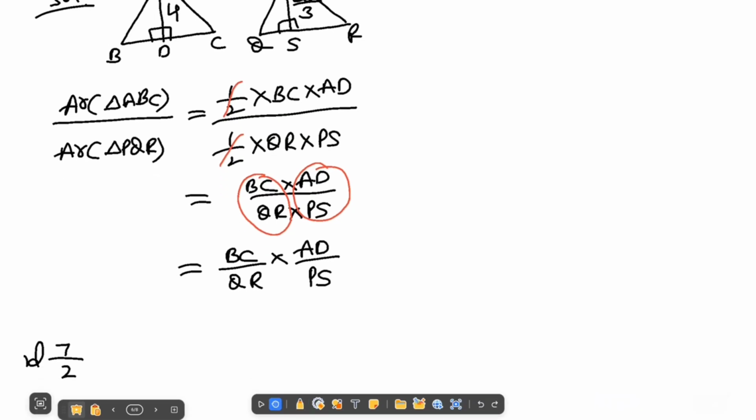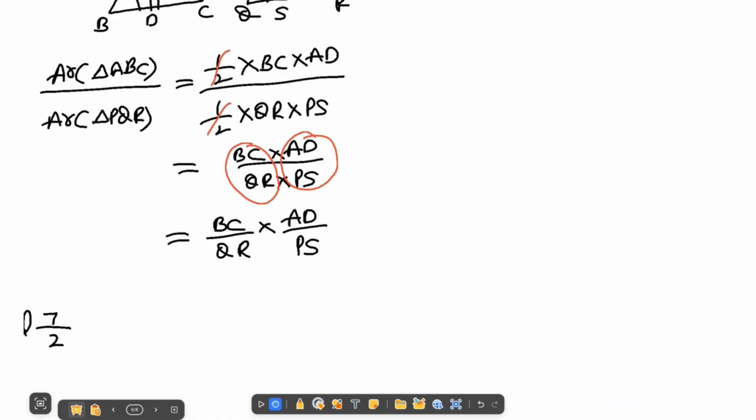BC by QR is the ratio of corresponding sides of similar triangles, already given as 3 by 5, into AD by PS. Here AD is already given as 4 and PS is 20 by 3.